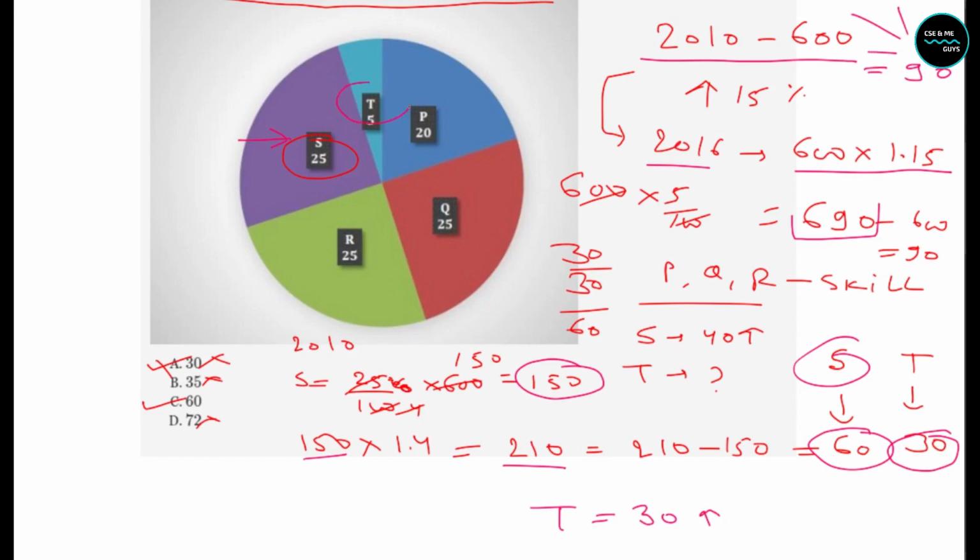In 2010, the people of T were 5% of total employees. So 5% of total employees is 600 into 5 percent, which gives us 30, and there were 30 people increased too. So the total answer would be 60.